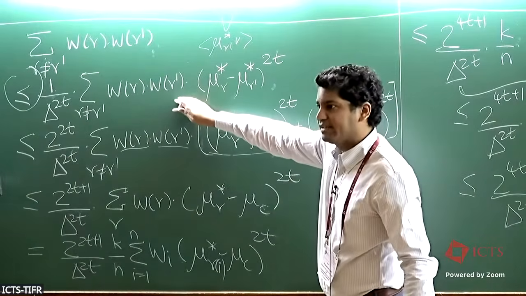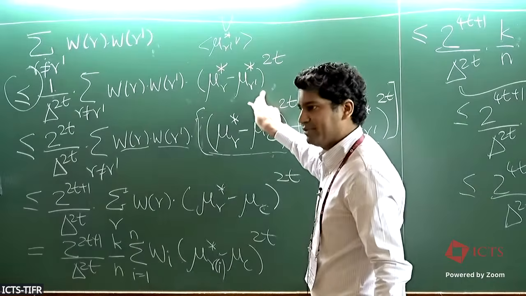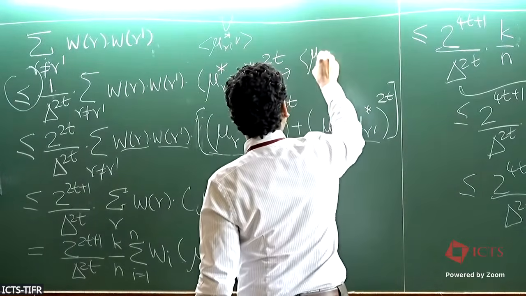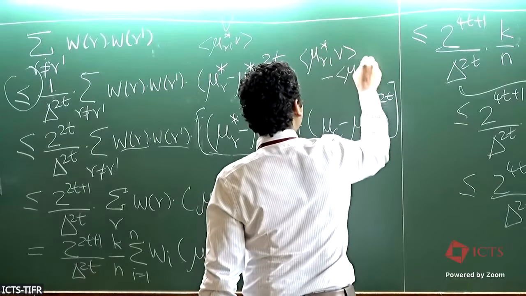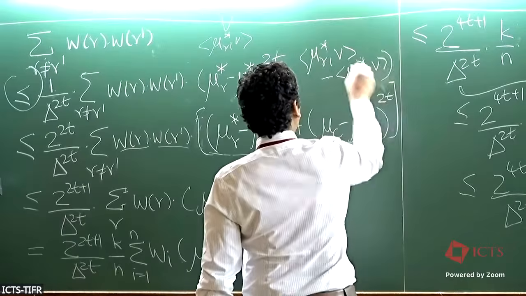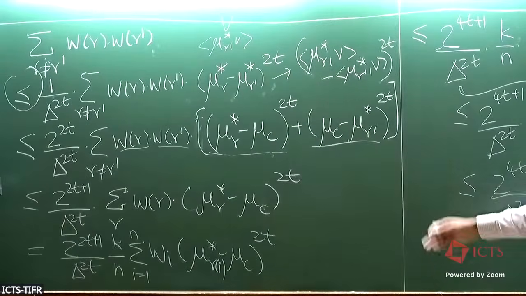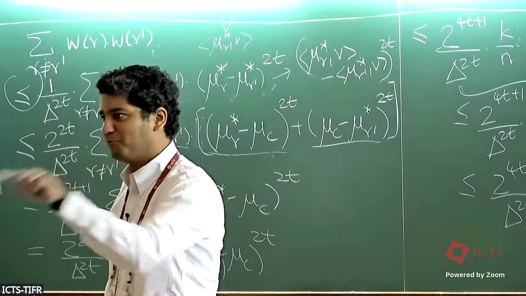Say you came till here somehow, and you have projections of mu r star and mu r prime star onto v. This expression is now (mu r star v minus mu r prime star v) to the 2t. If you continue on, nothing changes, because from here on it's a 1D problem: a mixture of k Gaussians in direction v.